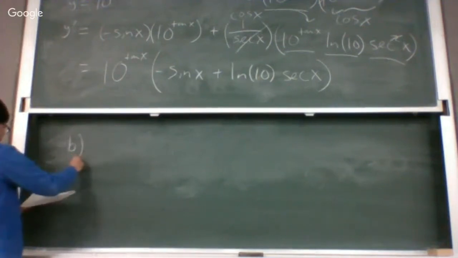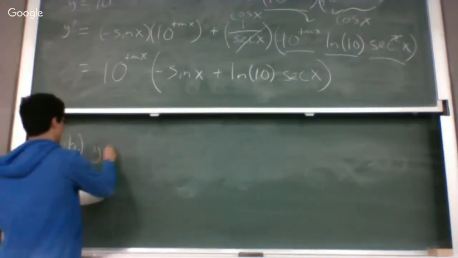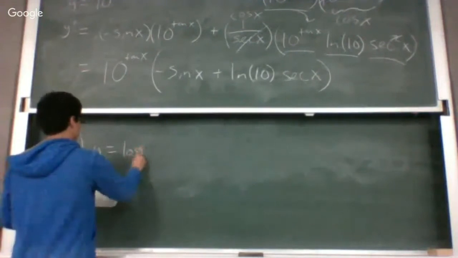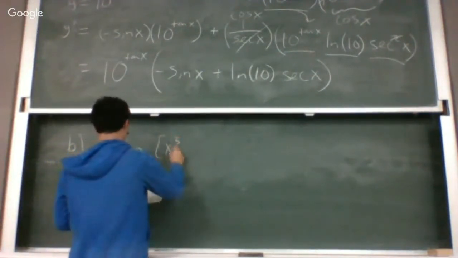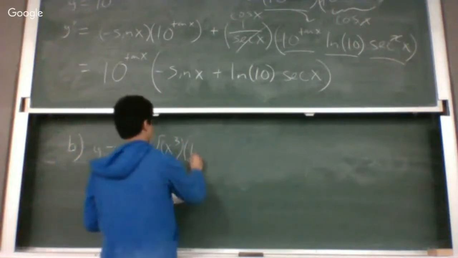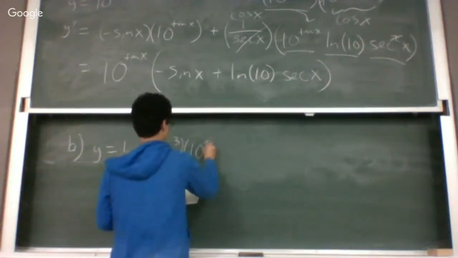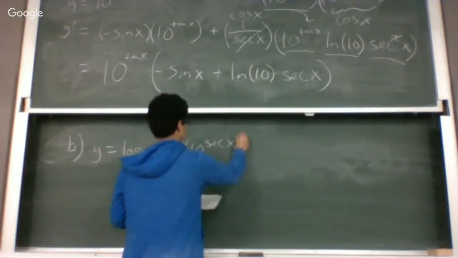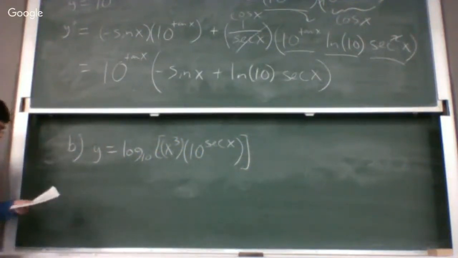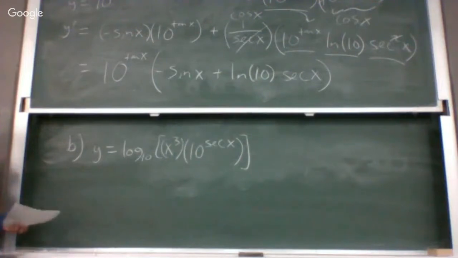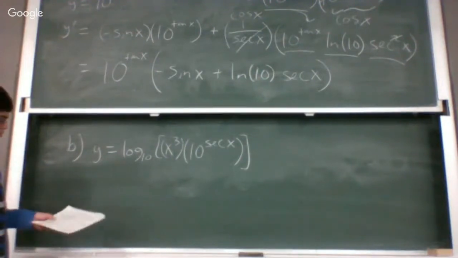For b, we have y is equal to log base 10 of x cubed times 10 to the exponent of secant of x. What property do you guys think we should use?